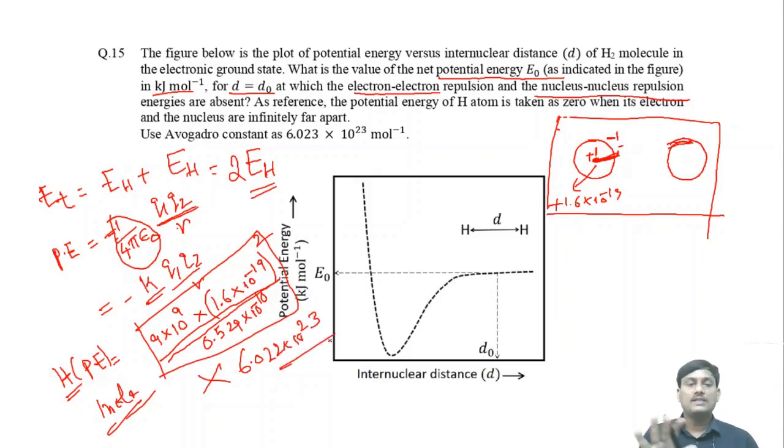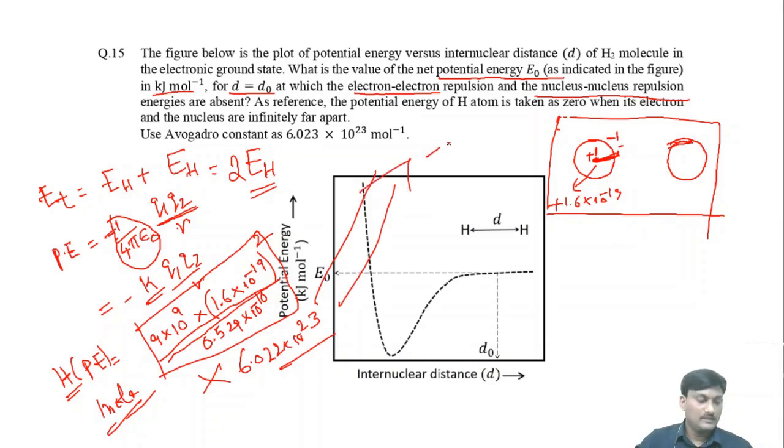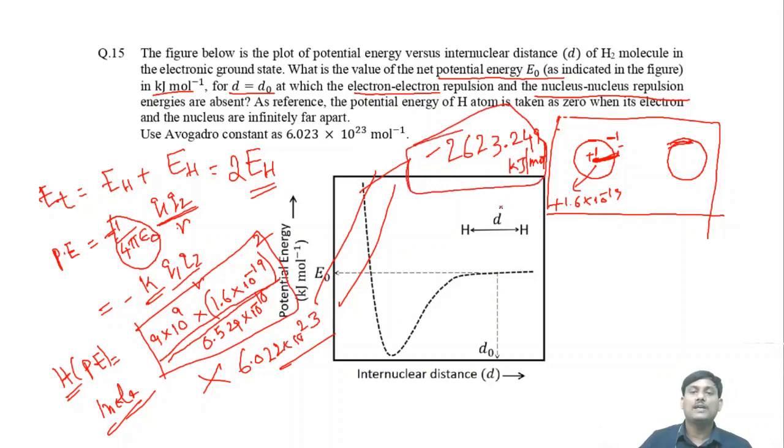So when you multiply all these things, 9 into 10 to the power of 9 into 1.6 into 10 to the power of minus 19 whole square, you will get around minus 2623.249 kilojoule per mole. This is for 1 mole of hydrogen atoms.